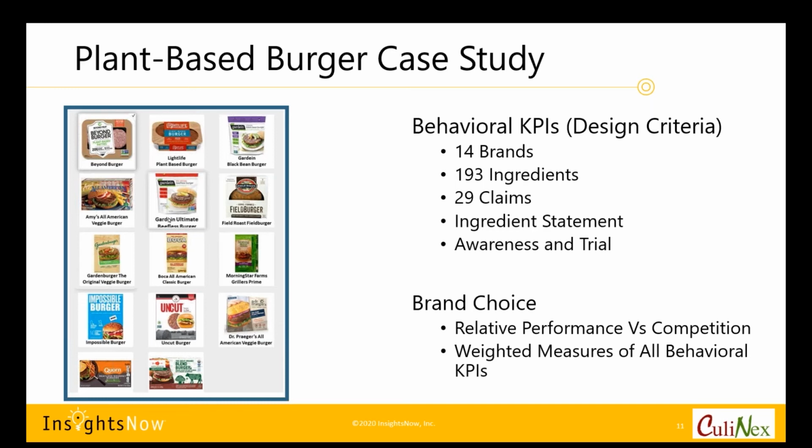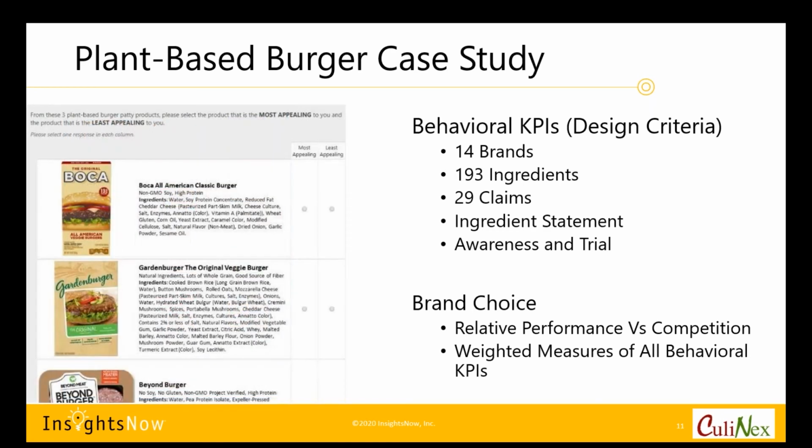And we also, in the same study, went out and for each of these different brands, we had people do choice exercises. These are target consumers, and we gave them pictures like Boca with the ingredient statement and what the claims were, and they had to evaluate 3 at a time, multiple sets of 3 at a time.